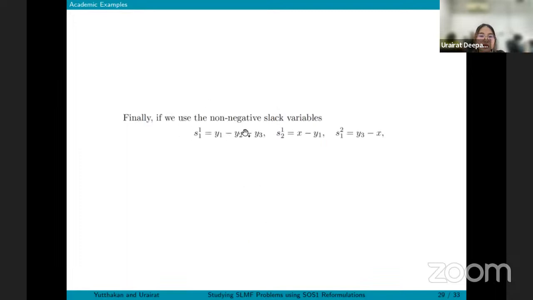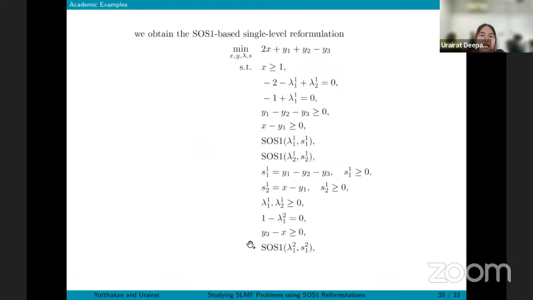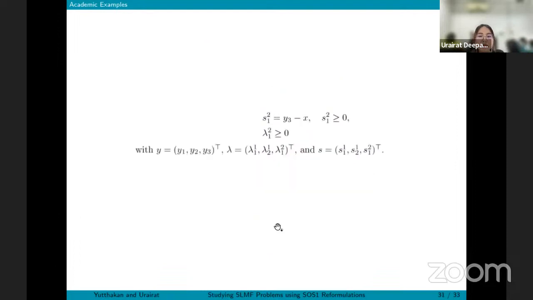When we set S11, S21, S12, we get the new problem with lambda 11, S11, lambda 21, S21, and the new equation from here, setting S11 non-negative, S21 non-negative, and in the same way S12 non-negative from here.